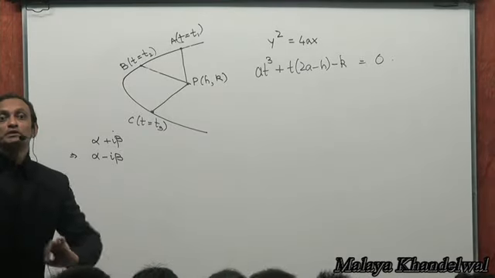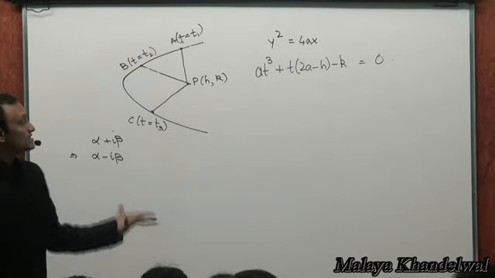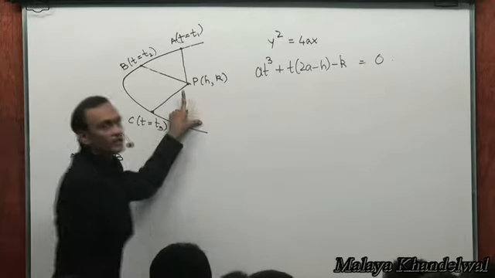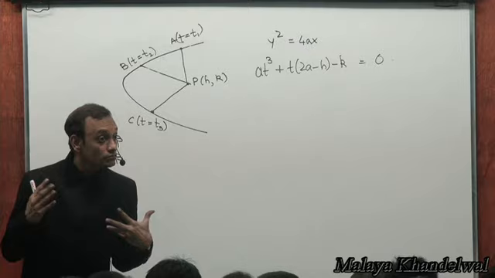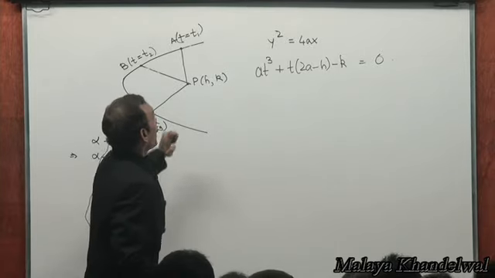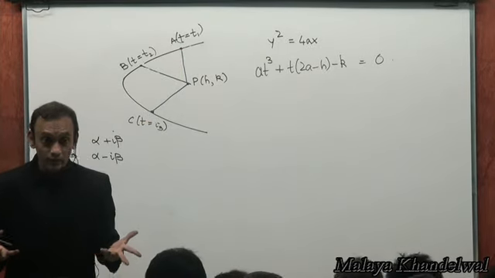Now, a pertinent question that you are likely to investigate is, given a point (h, k), how many real normals can I draw to the parabola? That means how many real t1, t2, t3 can I obtain from a given (h, k)?